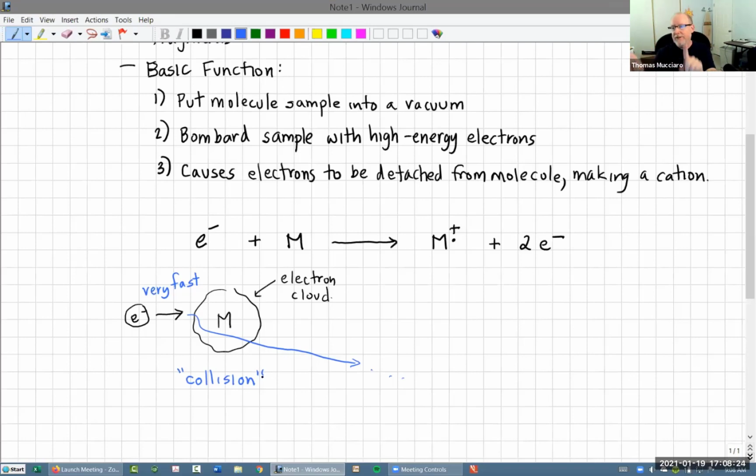So the electrons themselves never really touch, but because they have this force between them, the force gets really large, okay? And so when we have an electron going fast enough, we can force that electron to get extremely close. And what we have then, in this region, is a really strong repulsive force.